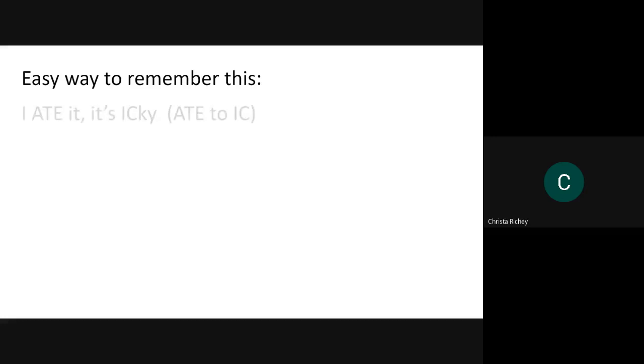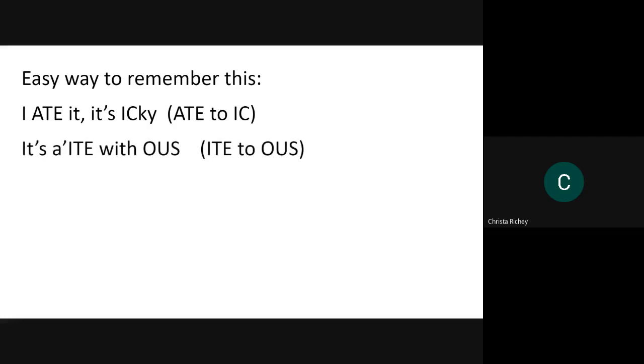The way that I showed you how to do this, which I don't think is on yours, but you can put this down underneath it, was: if it's an ate polyatomic ion, it changes to ic. And if it's an ite polyatomic ion, it changes to ous.